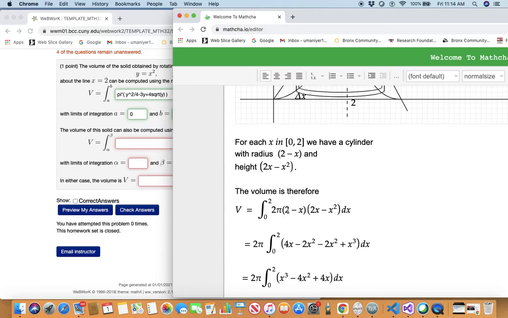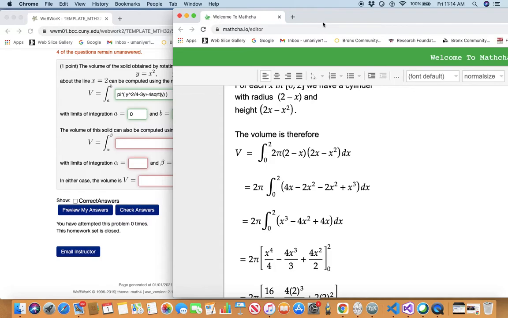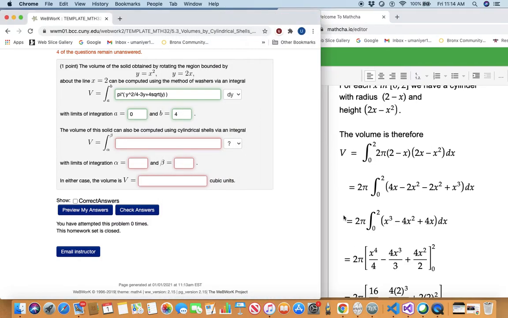All of this simply multiplying, you get x cubed minus 4x squared plus 4x. So let's write that part first down. Limits of integration are 0 to 2. Lower limit is 0, upper limit is 2. You're taking integration with respect to x.